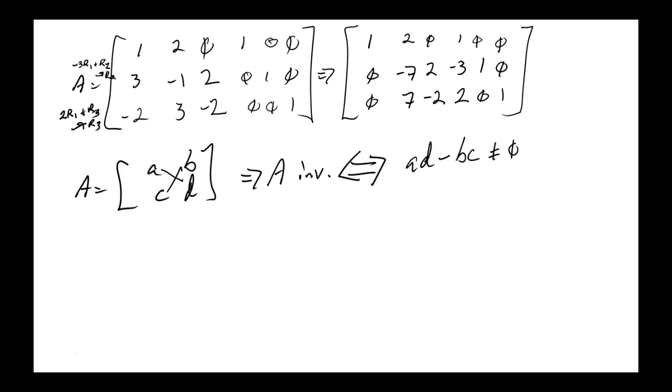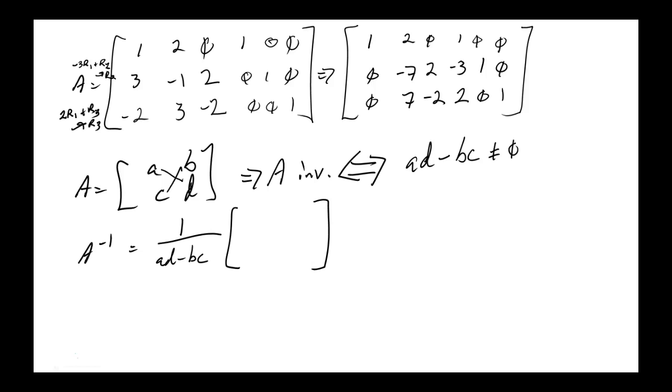Now, if that AD minus BC is not 0, then the inverse of A will be 1 over that determinant, AD minus BC, times the matrix, not the original. But notice what they do.